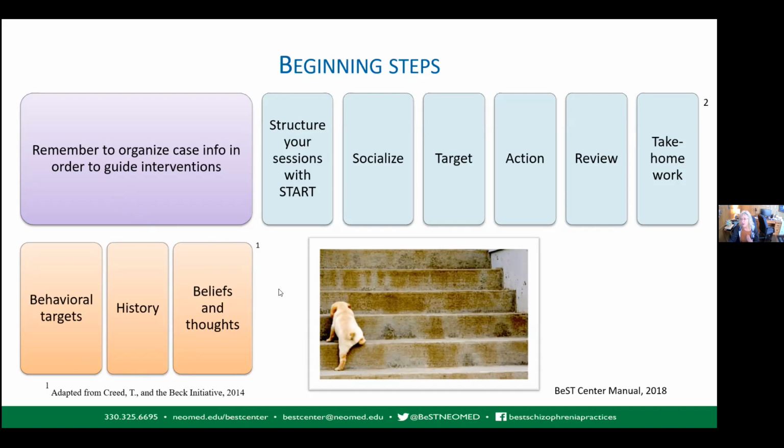Beginning steps: once you've got that adaptive mode in and engagement up and going, we'll want to work on structuring the session with start, socialize, target, action, review, and take-home work. For case managers, you can do this. You can structure a 5 or 10-minute session in a similar structure.